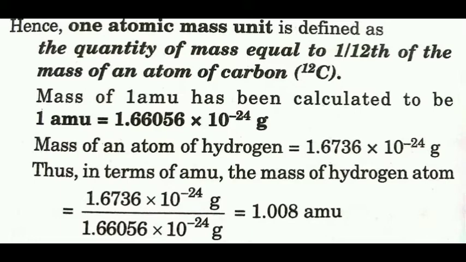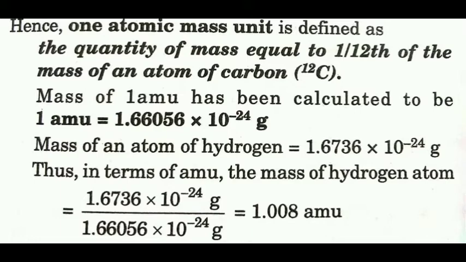So the mass of one atom of hydrogen in terms of atomic mass unit is given by 1.6736 × 10^-24 gram divided by the value of 1 AMU, which is 1.66056 × 10^-24 grams. In this way, the mass of the hydrogen atom comes out to be 1.008 AMU.